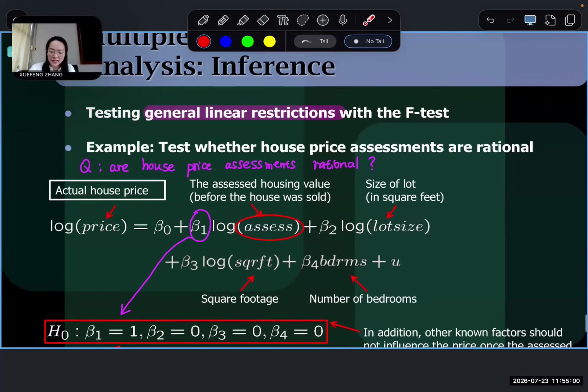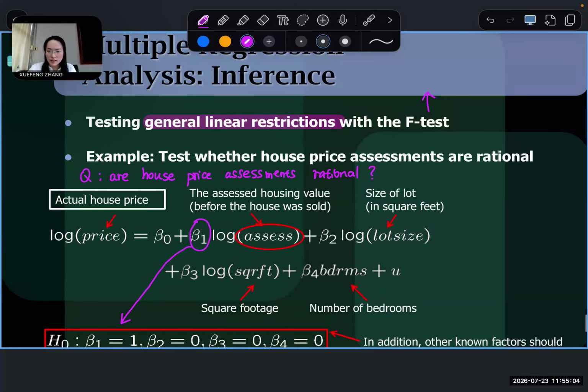So the F test can test any combination of linear restrictions. The F test is very powerful, okay?